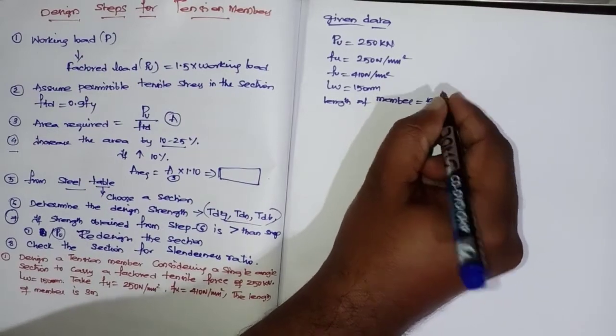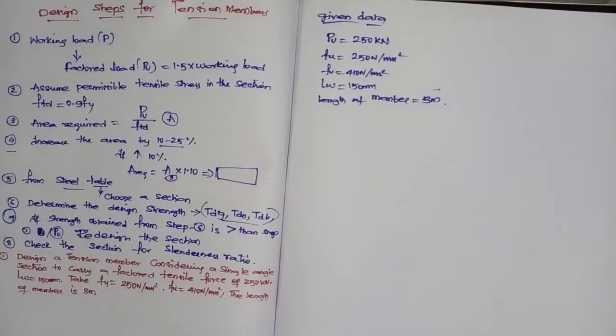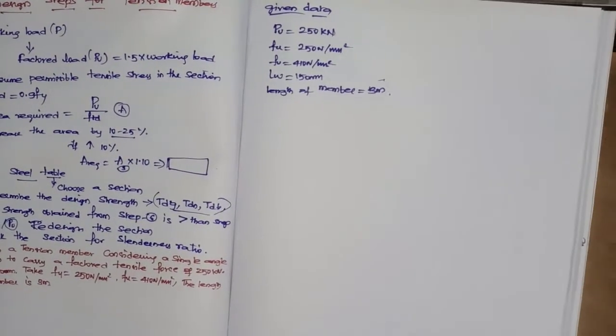Why the length of the member is given again, we'll see in the end.